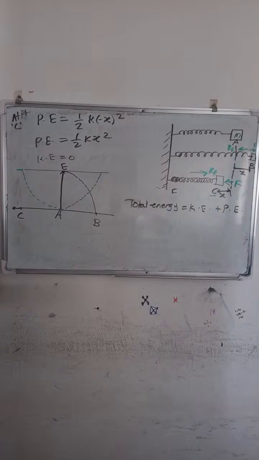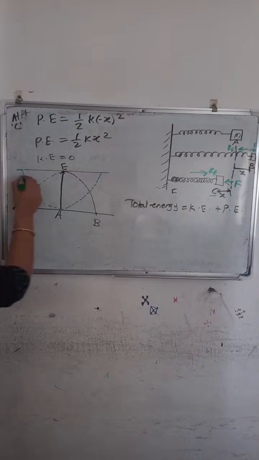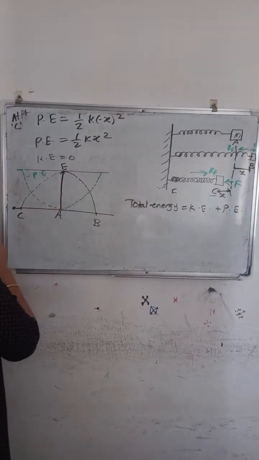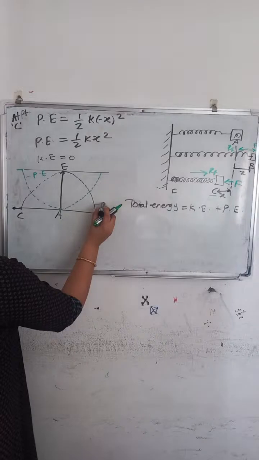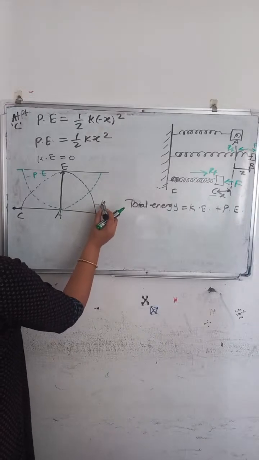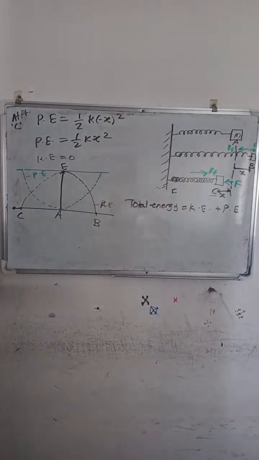Okay, and kinetic energy is what? Here again decreasing from maximum to minimum. Okay, so green color part indicates the potential energy, and here black color indicates the kinetic energy. Okay, so this is the graph for the energy conservation in the spring block system.